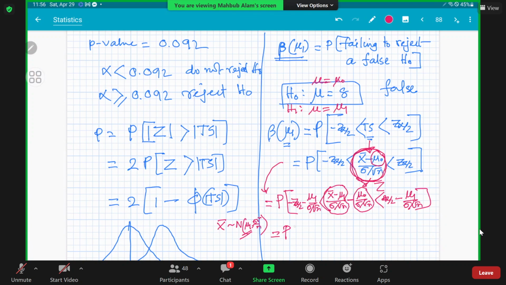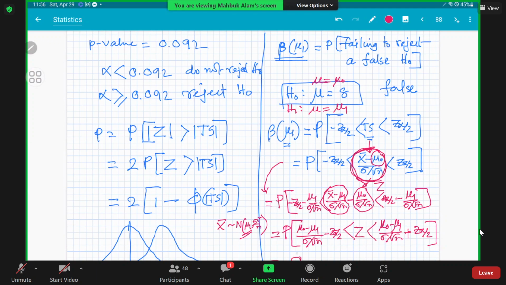Then this becomes the probability that, if we add it, mu naught minus mu1 divided by sigma divided by square root of n minus z alpha by 2 is less than z, which is less than mu naught minus mu1 divided by sigma square root of n plus z alpha by 2. Therefore, z is less than this and greater than this.